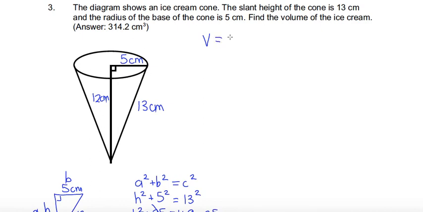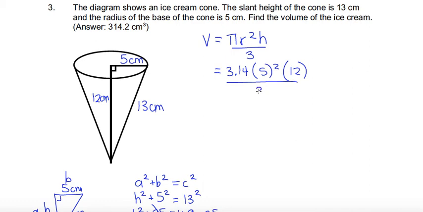So the volume of a cone is pi r squared times h divided by 3. I'm going to substitute in my values for my variables. 3.14 times 5 squared times 12 divided by 3. I have to solve my exponents first. 5 squared is 25.